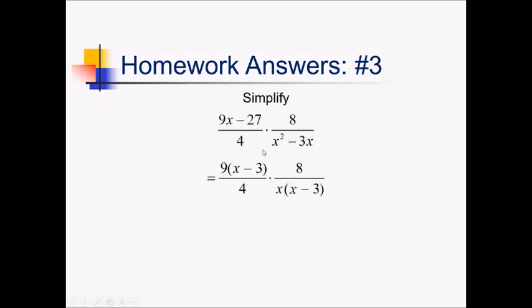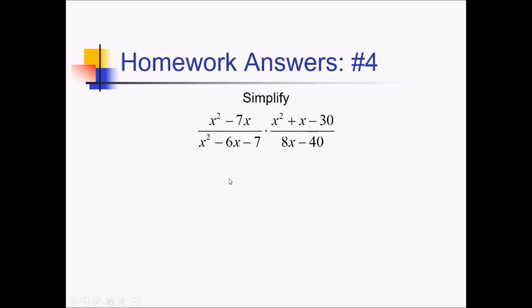So it looks like I can cancel those x minus 3s. I'm allowed to cross cancel here because I am multiplying the fractions, and it works with multiplying, but nothing else. And then the 4 and the 8 can also reduce. That leaves me with a 1 down here and a 2 up in the numerator. So multiplying the leftovers, we've got 9 times 2, that's 18, and then we still have this x kicking around downstairs.